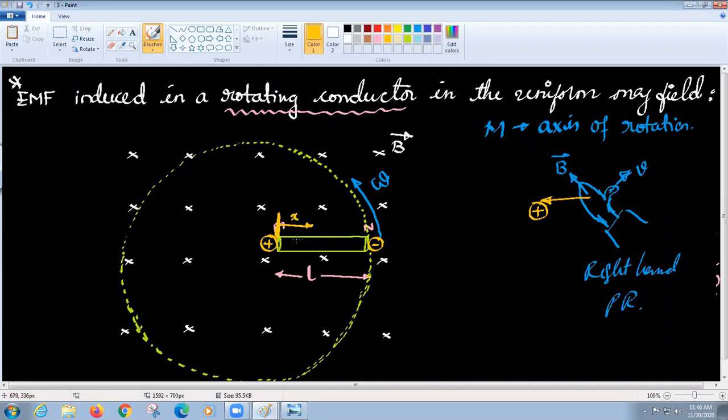Now at this x, let me take an element, say dx. So this is my dx. This is a small element of wire you have taken. This MN is a big wire and dx is a very small element out of it.